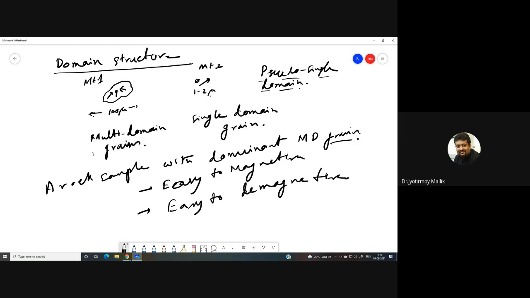These are like multi-domain grains, but the size being in between multi-domain and single domain, they behave like single domain grains. Hence they are called pseudo single domains.